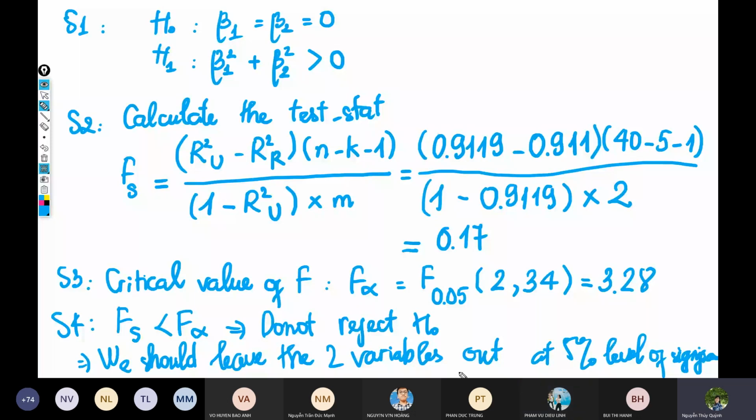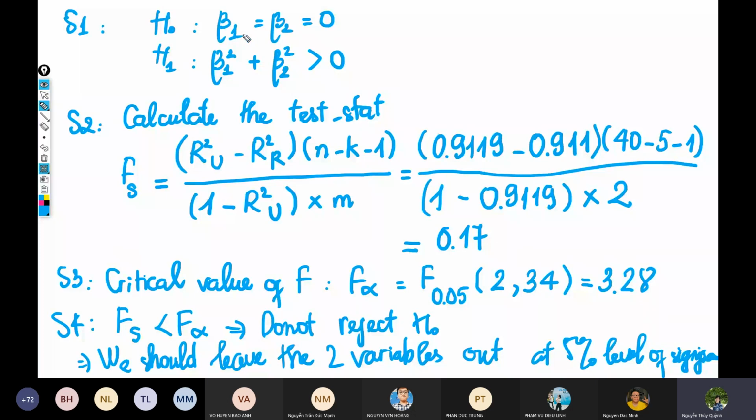What is m? Is it the number of parameters in the hypothesis? Yeah, the number of restrictions in the null hypothesis. Although we have just one line, we have two restrictions here: beta 1 equal to 0 and beta 2 equal to 0.